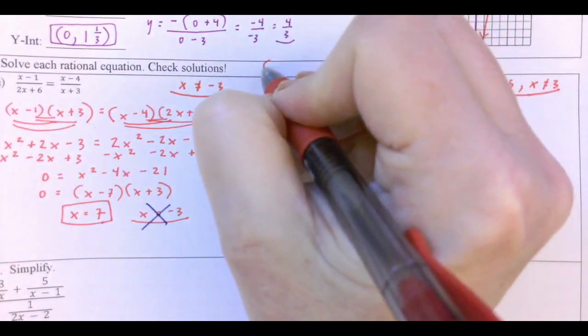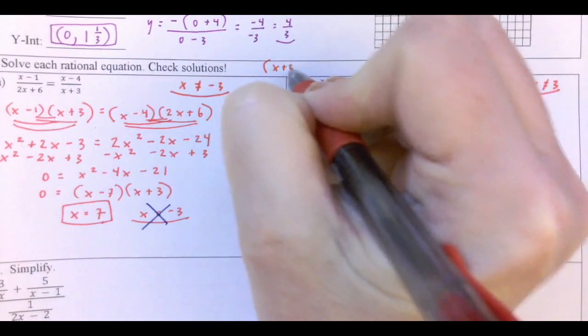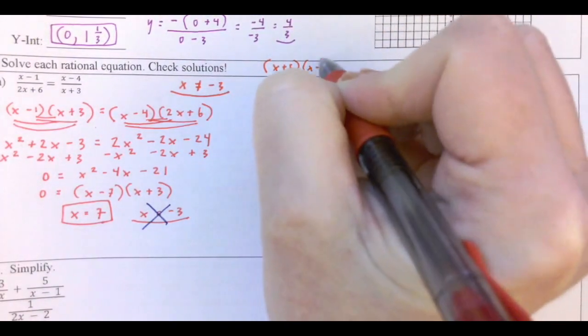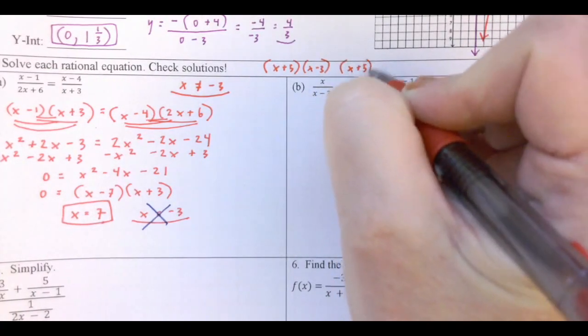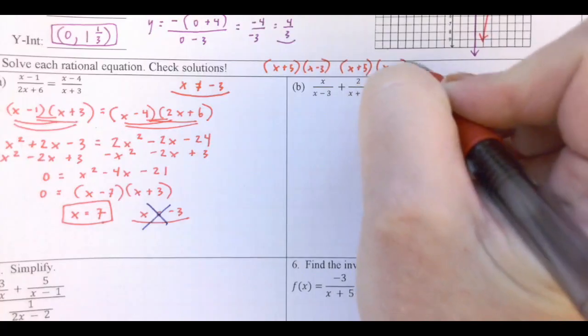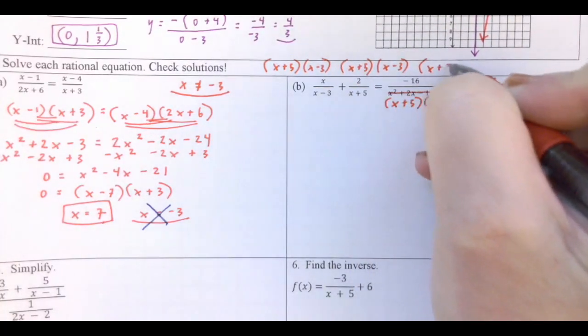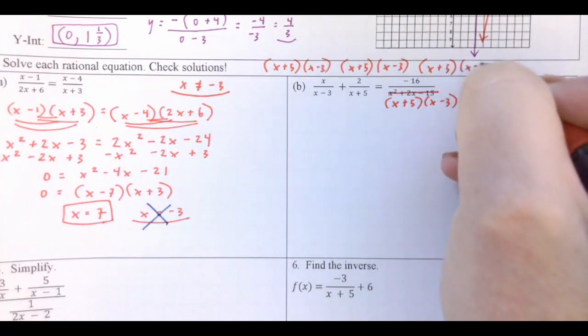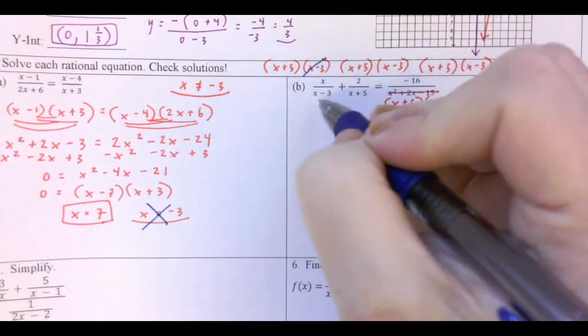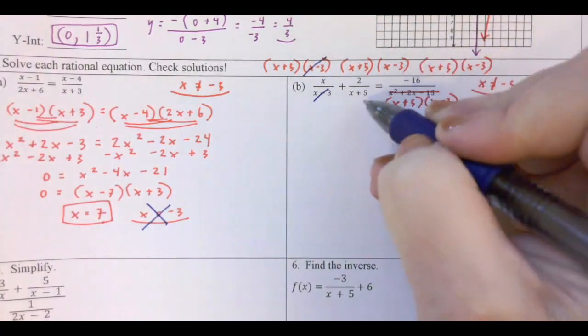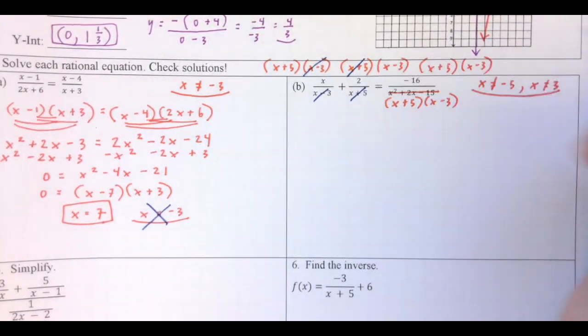So I'm going to go ahead and write x plus 5 times x minus 3 here, and then here again, and one last time. Then I can see that it's going to cancel out these x minus 3's, and here these x plus 5's, right?